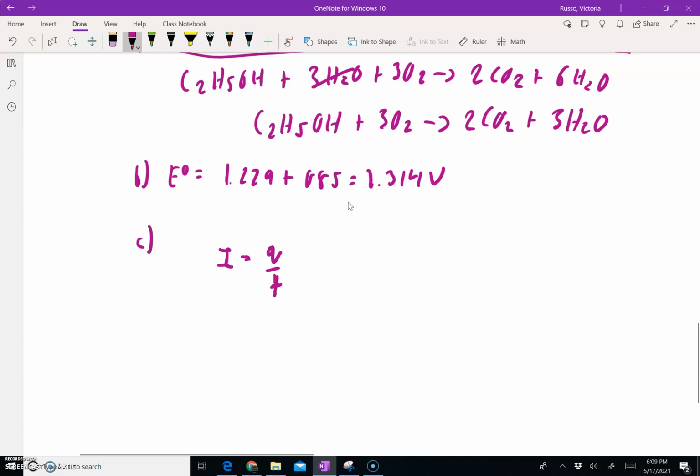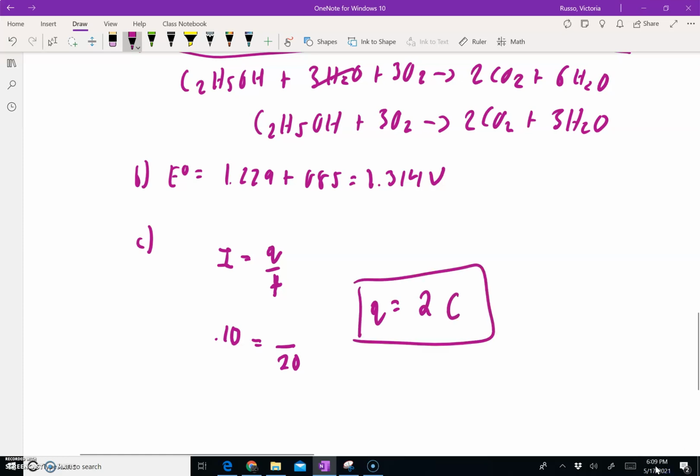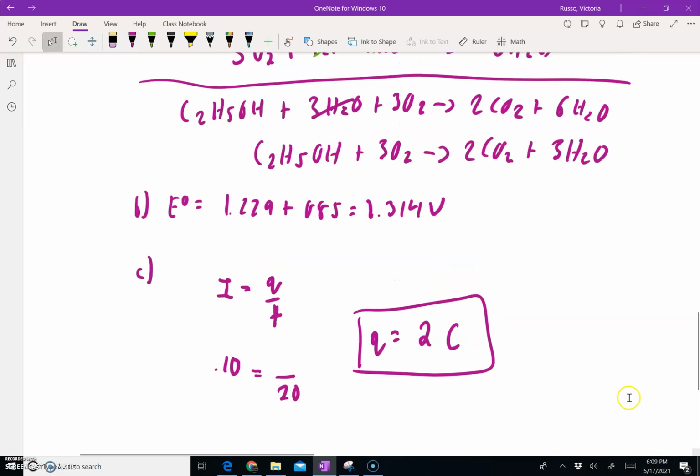If you look back up, they said that the current applied was 10 amps, over 20 seconds. So our Q, or the total coulombs, is 2 coulombs, or 2 C is the abbreviation there. That's just applying that new formula that we learned.